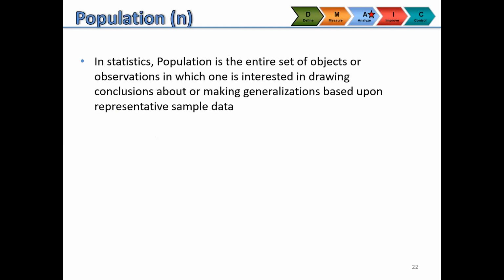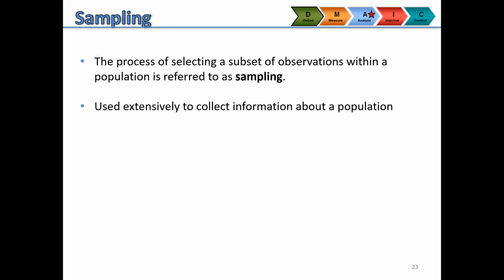Sampling techniques and uses. Population is the entire set of objects or observations about which one is interested in drawing conclusions or making generalizations based on representative sample data. We can't do that, so we have to sample. The process of selecting a subset of observations within a population is sampling. It's used extensively to collect information. Think about it, guys. We use samples of my weight. It wasn't like I was weighing myself every second for the last 770 weeks.